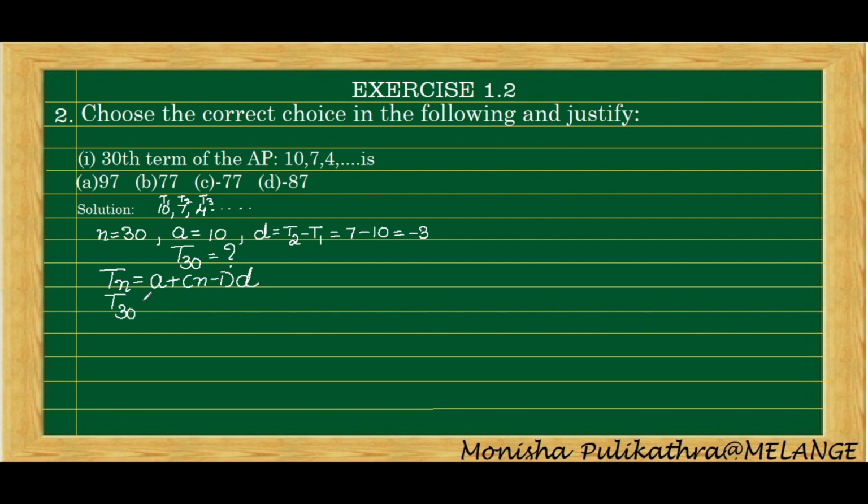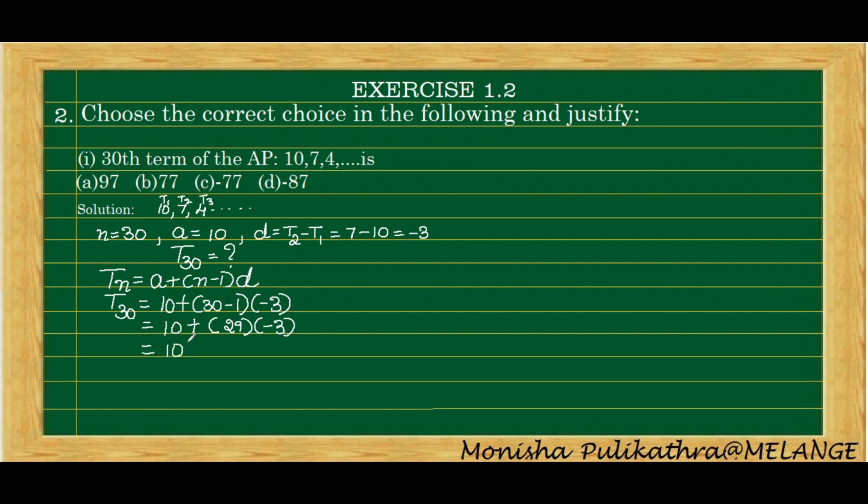So T30 is equal to A is 10, the first term is 10, plus n is 30, minus 1, into D is minus 3. So T30 is equal to 10 plus 30 minus 1 is 29, into minus 3.